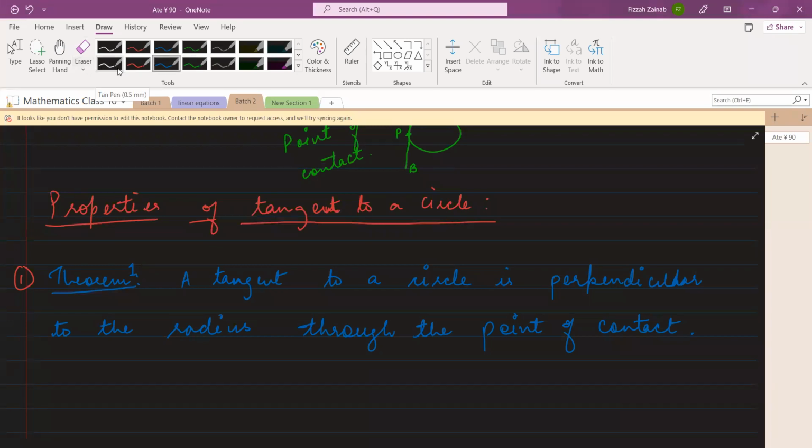Earlier also this theorem came in the CBSE exam to prove. Many times, 5-6 times it has already come, and it's very easy.